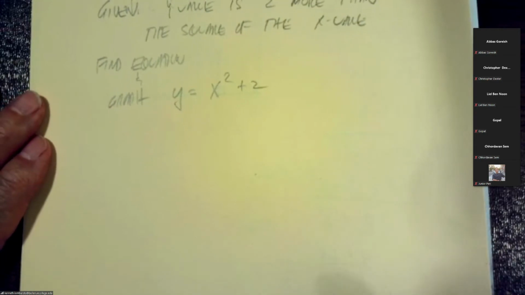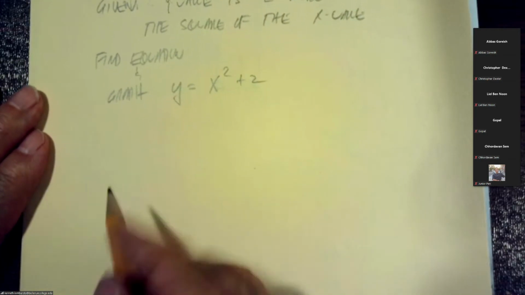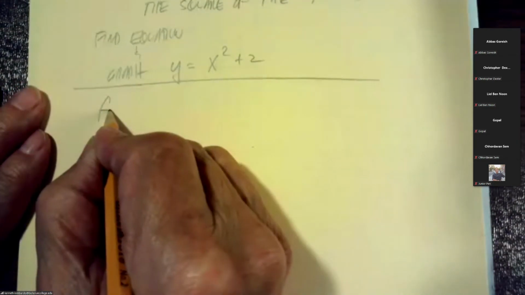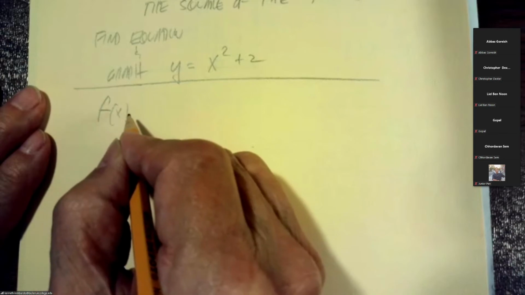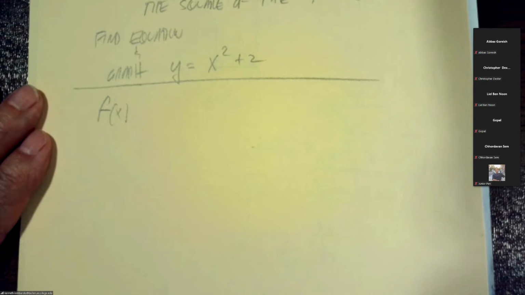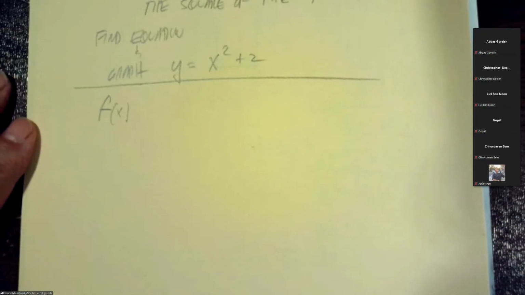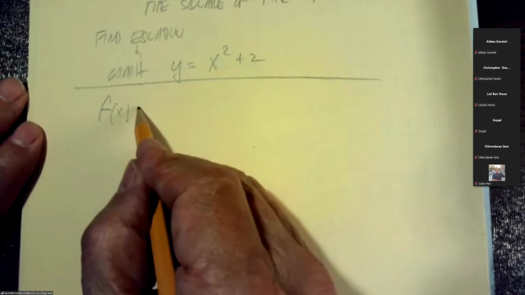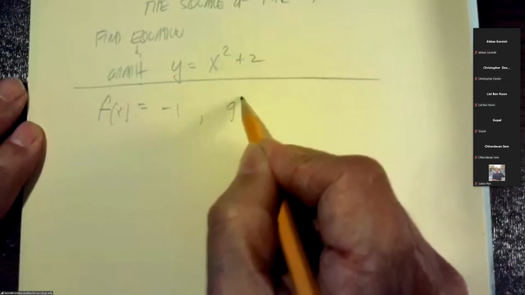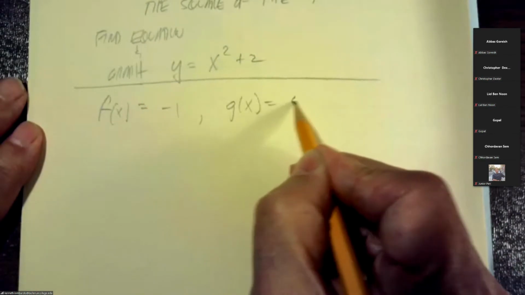Say I give you 2 functions. Say I give you f of x and, let's see here. Okay, let's say f of x equals -4 and g of x equals 4.